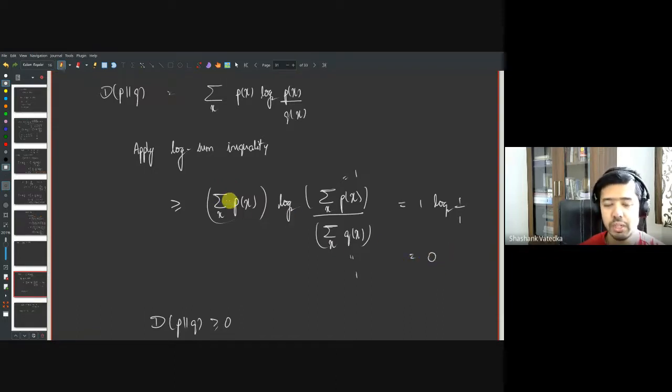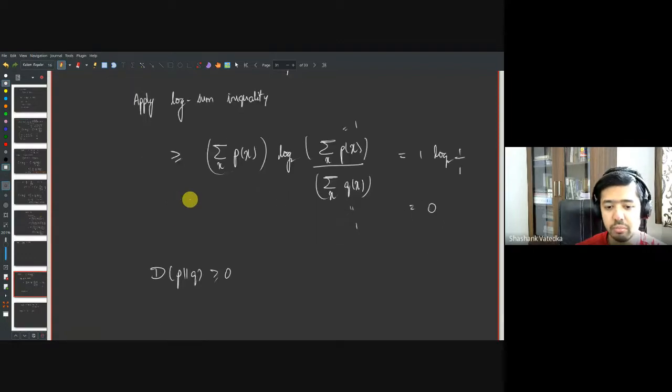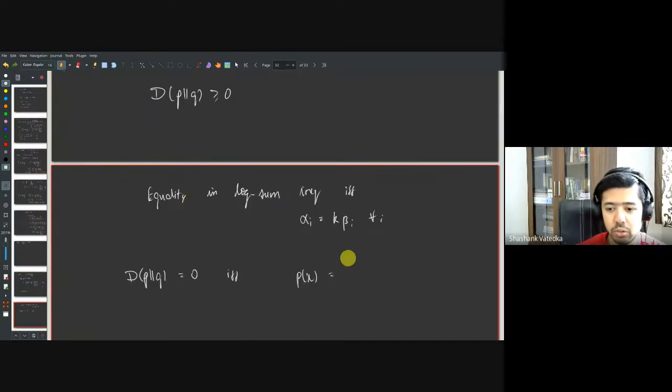For every P and Q, if I apply the log sum inequality for D(P||Q), then I always get the right hand side to be equal to 0. And when does equality happen? When P of x equal to some constant k times Q of x.